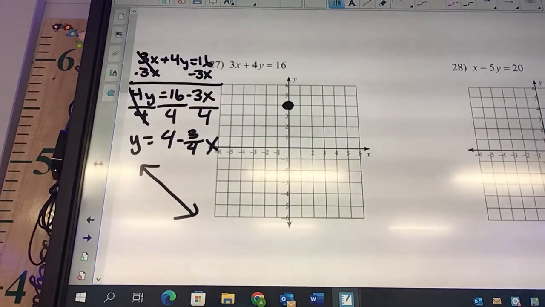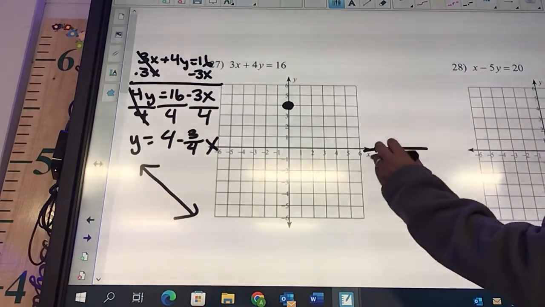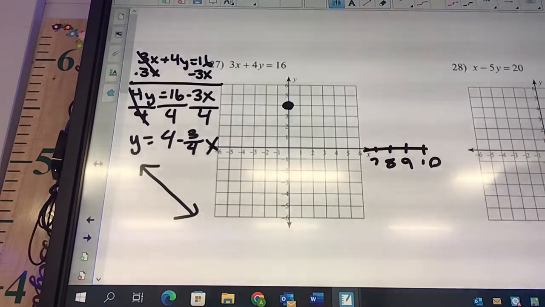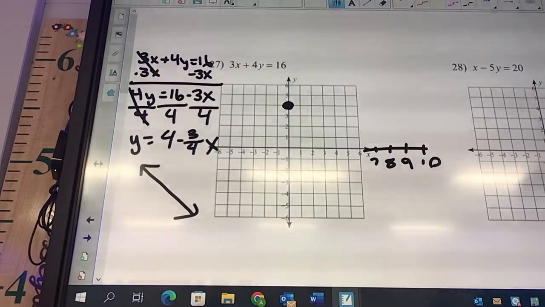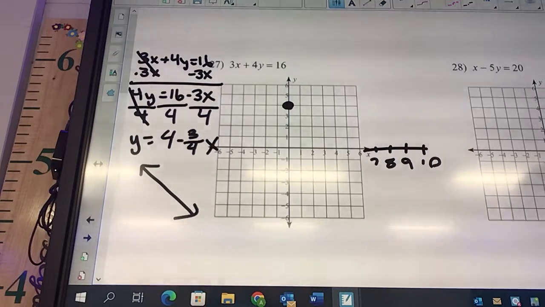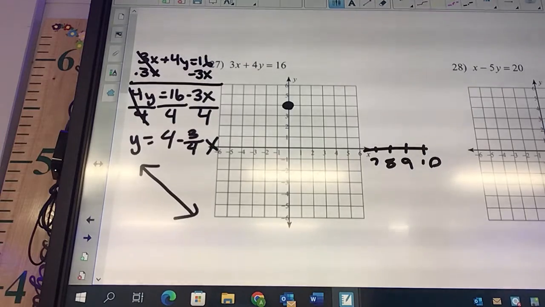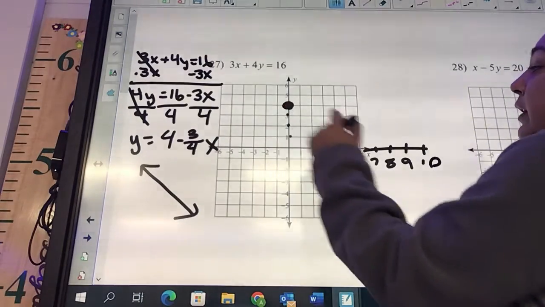Why? You cannot go up 3. Okay, some of you guys are still doing like this. 7, 8, 9, 10. Okay, that's not, we're not doing that. If you have to do that, then it's not right. Okay, something's not right. You should not be extending or drawing that graph. That graph is specifically made for your problem to fit on it. Okay, if it doesn't, then ask me. Okay, I'll check it. Okay, so we're going to go down 3, 1, 2, 3, and over 4.